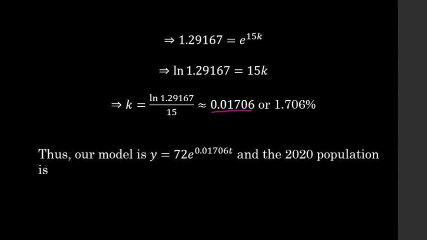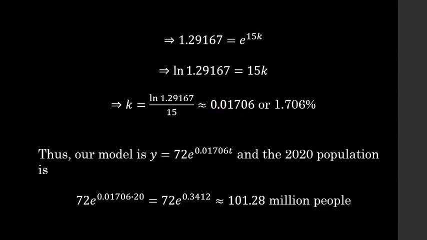So if I substitute in 20 for t, I'm going to get this guy right here. Exponent is 0.3412, and I rounded to 2 decimal places. You get approximately 101.28 million people. I would specify round to the nearest 10th or nearest 100th, something like that.